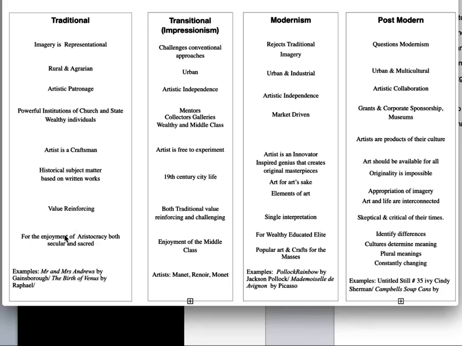The purpose for traditional art is for the enjoyment of the aristocracy, both sacred and secular, but also this idea of value reinforcing to maintain their power and control. In the transitional period, Impressionism, Post-Impressionism, we have it purely for the enjoyment of the middle classes and the enjoyment or creativeness of the artists themselves.